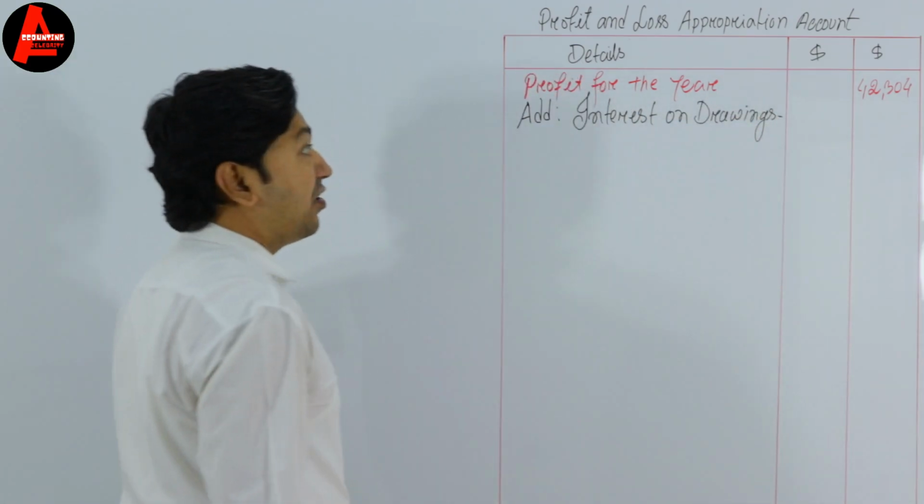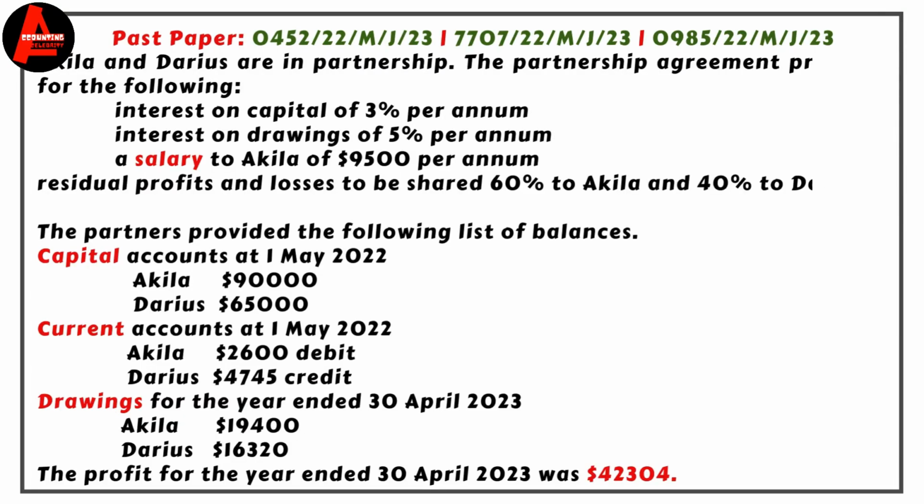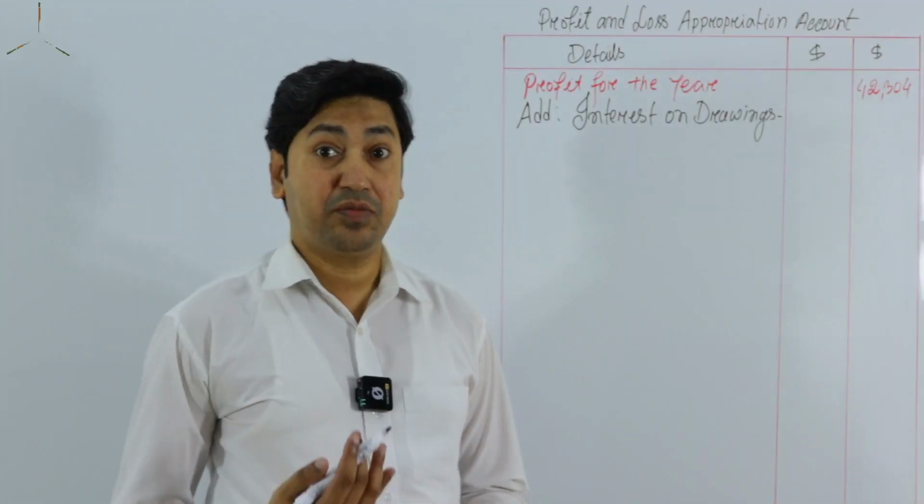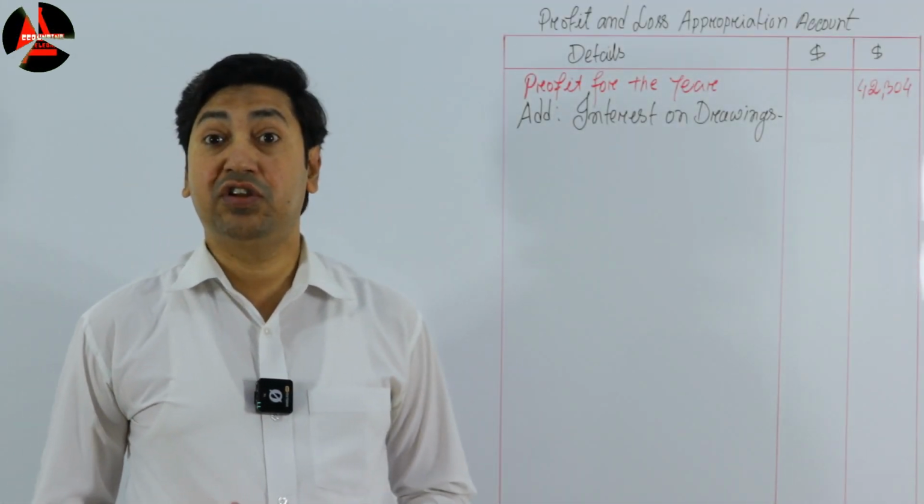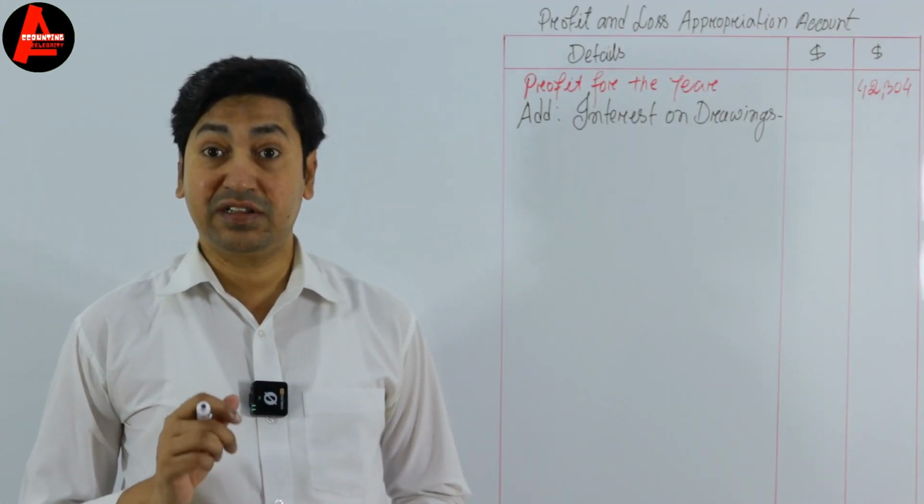Here we have two partners, and interest on drawings is 5%. We see the drawings for the year ended 30 April 2023: Aquila's drawings are $19,400 and Darius's drawings are $16,320. This is the amount of drawings, and we need to calculate interest on these amounts.